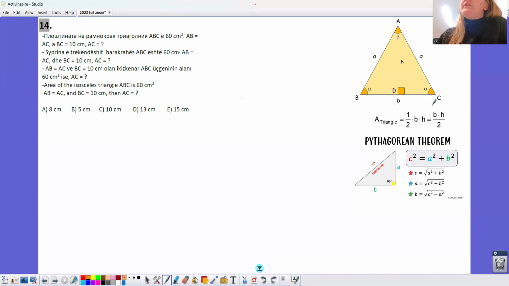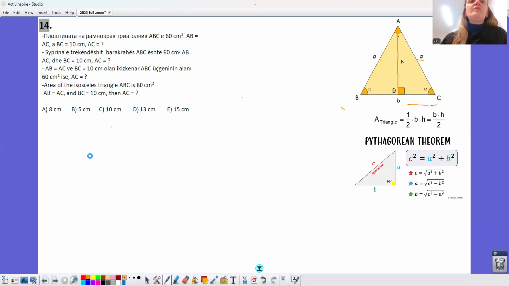So here the properties of an isosceles triangle are given. An isosceles triangle means two sides are the same, like here A, and the third one, B, which we call the base. When we draw a height from the top point, the altitude h, this altitude will divide the base into two equal parts.